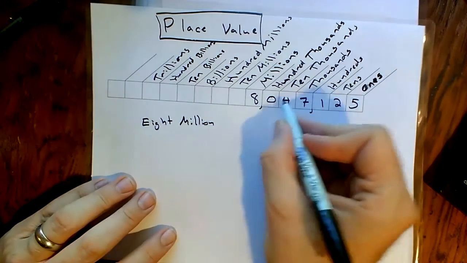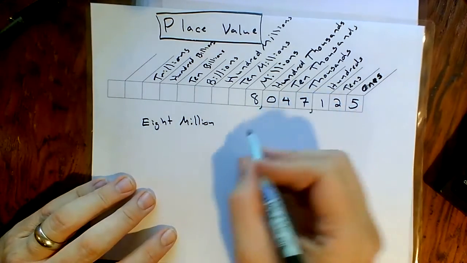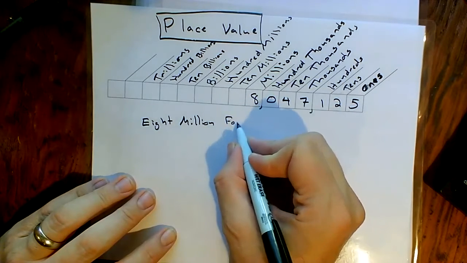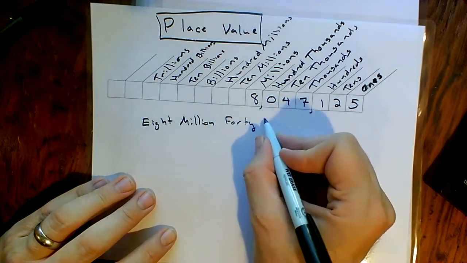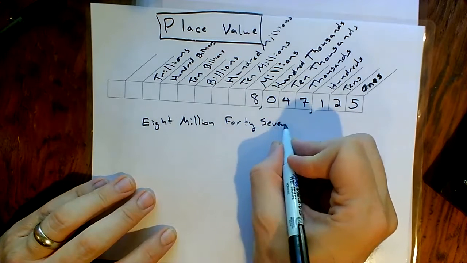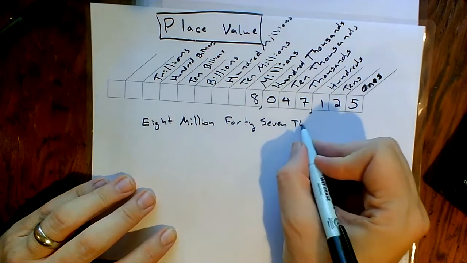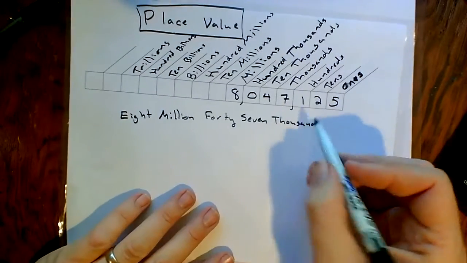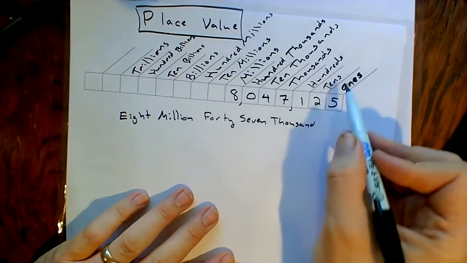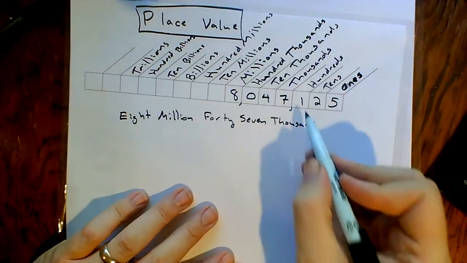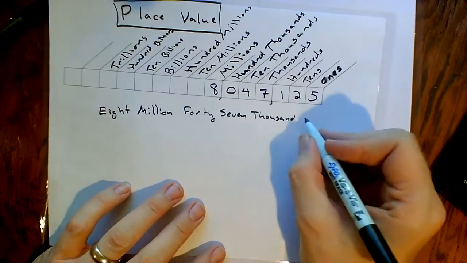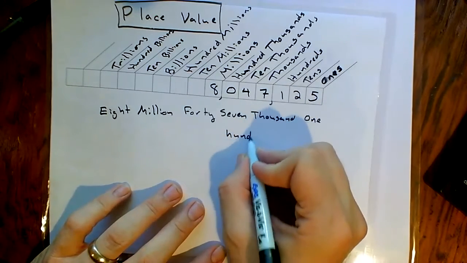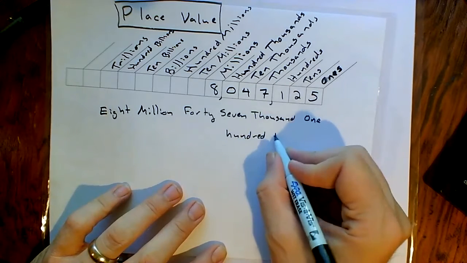Now I've got just 47,000. And we don't actually say the ones here, but I would just say 125.